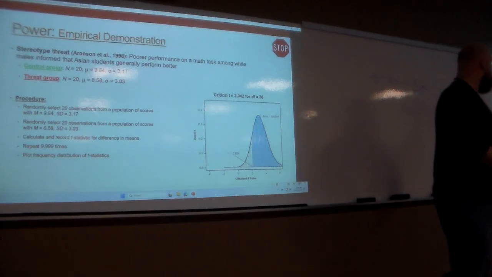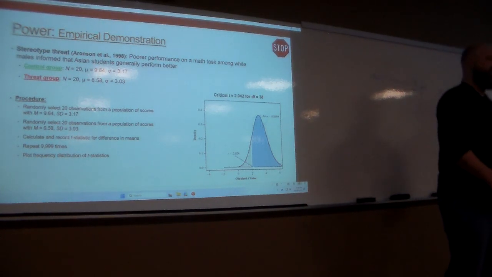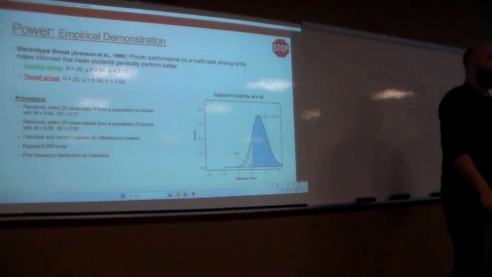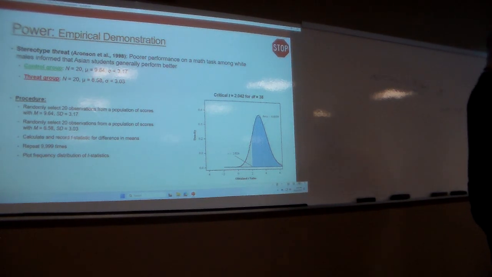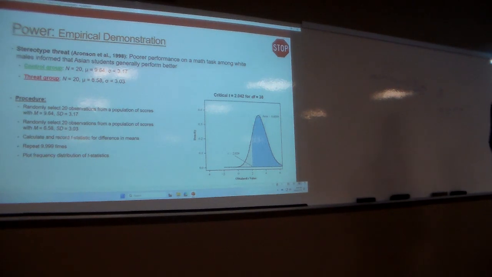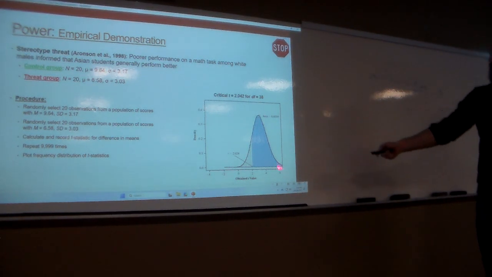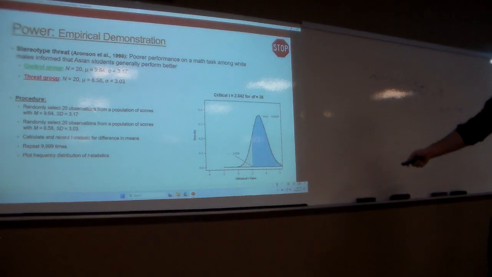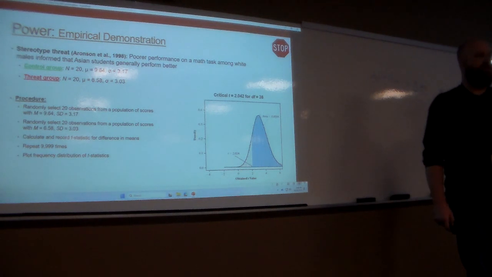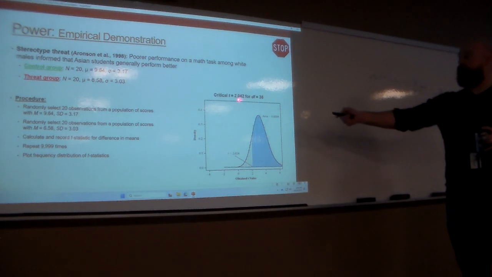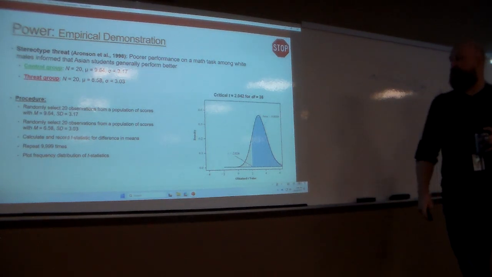And if I do this and plot out the distribution of t-statistics for these 10,000 replications, I would look at the t-values here and say, here's the distribution of t-values for these 10,000 replications, okay? What is the critical t for an independent sample t-test with 38 degrees of freedom?